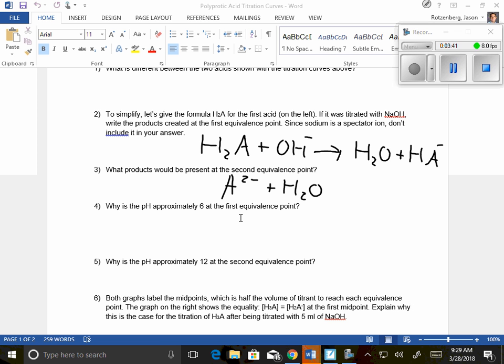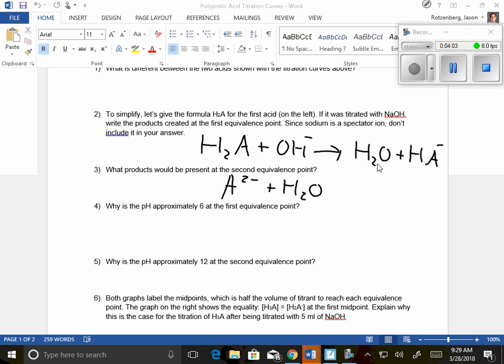If you look at your graph then, for question number 4, notice the first equivalence point is at a pH of 6. Why is it at a pH of 6? Because there's still going to be H plus and the HA minus after the first equation.